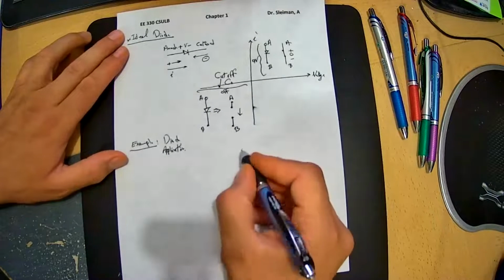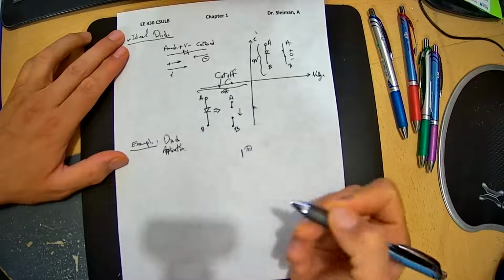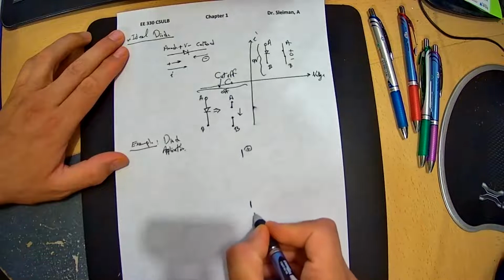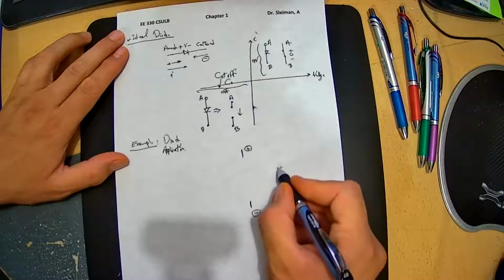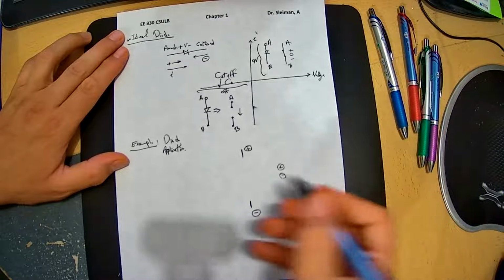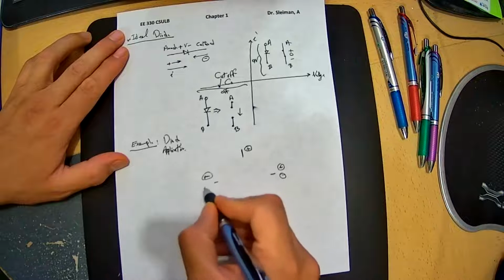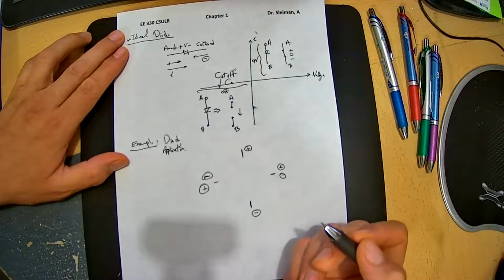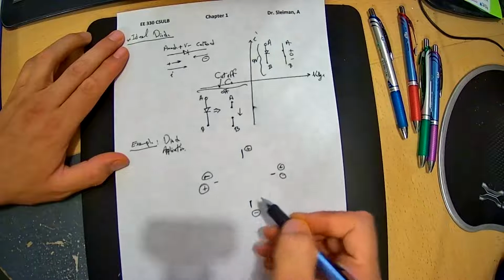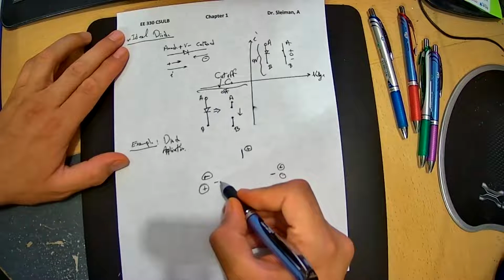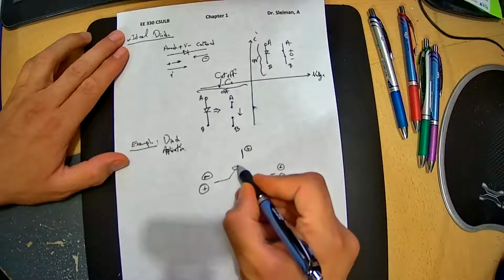If I have a circuit that needs the positive here and the negative here all the time, and I don't know whether the user is going to put positive or negative on this terminal, then no matter what, I want the positive to be here and negative to be here. To accomplish this, all I need to do is put diodes in this format.